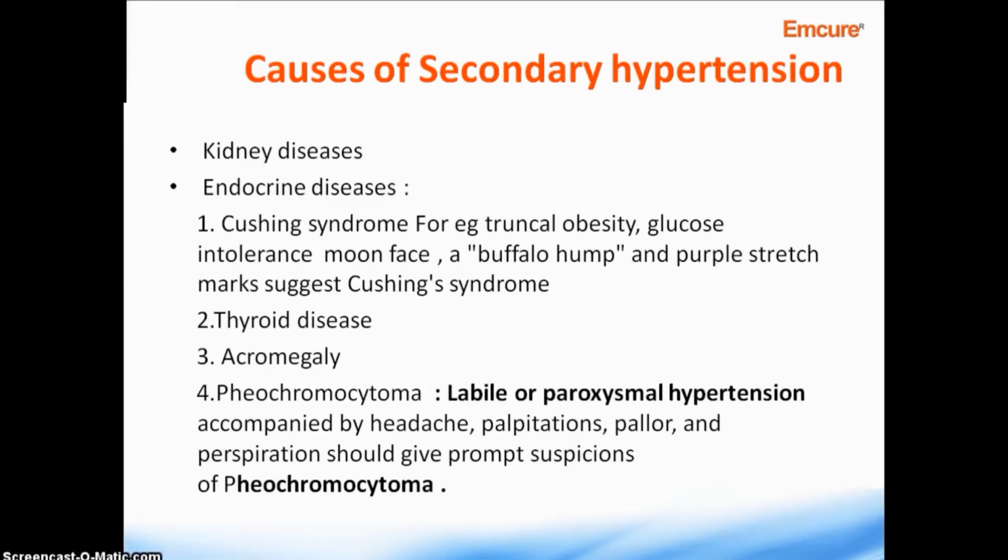Then Cushing syndrome is related to excess release of steroid hormones, and this causes water retention and increase in blood pressure. So these patients have an underlying cause which relates to the hypertension.